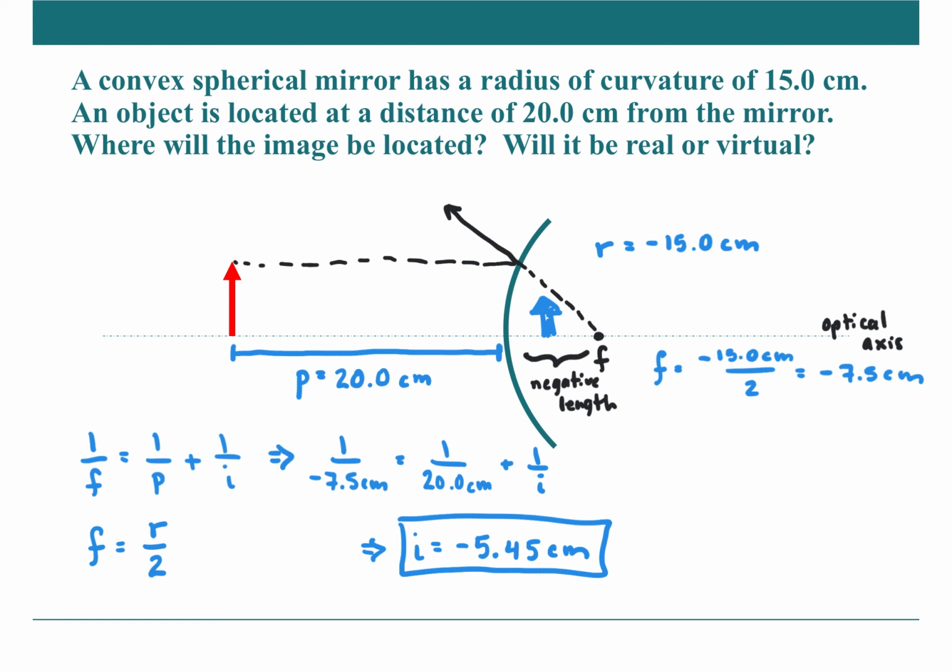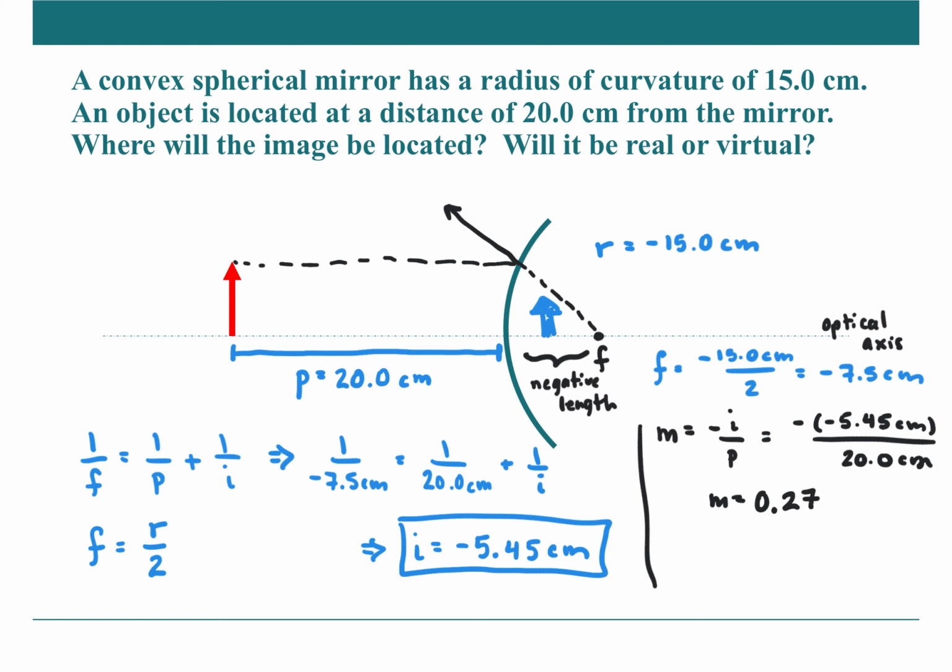Our image will be upright, and we can prove that if we calculate what its magnification is. The magnification of this image that's been produced on the right side of our convex mirror is equal to the negative distance that that image is from our mirror divided by the distance that our object is from the mirror. In this case, negative 5.45 centimeters divided by 20 centimeters gives us a unitless quantity for our magnification of about 0.27.